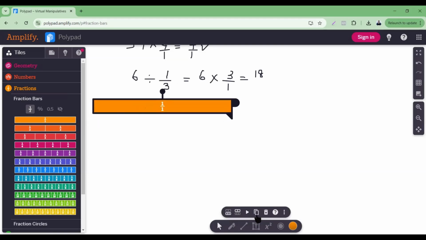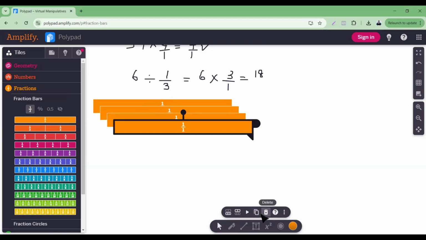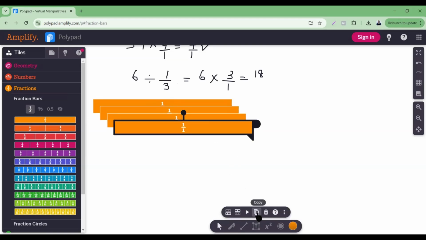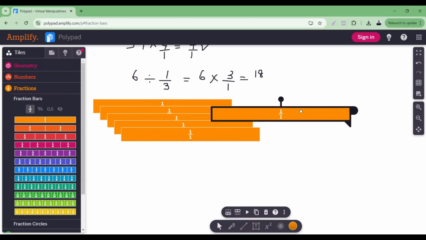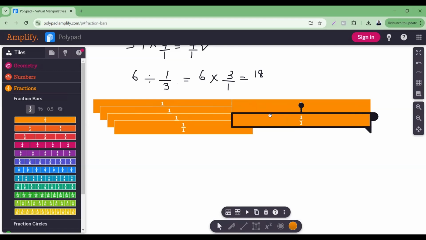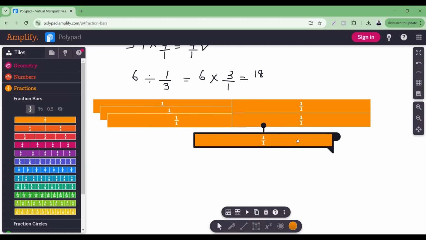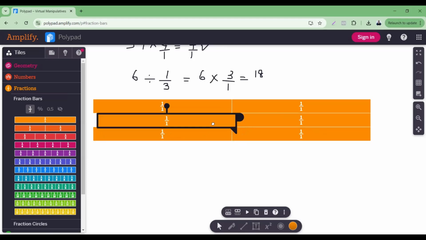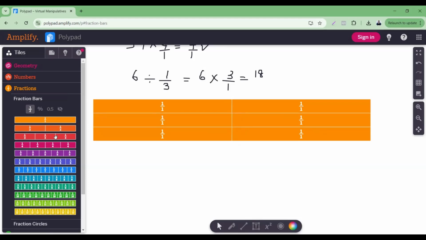6 means totally I will need 6 wholes. Let's get 6: 4, 5, 6. We're just going to arrange them for the sake of properly visualizing it. So totally I have 6 wholes here. How many 1/3s will I require?